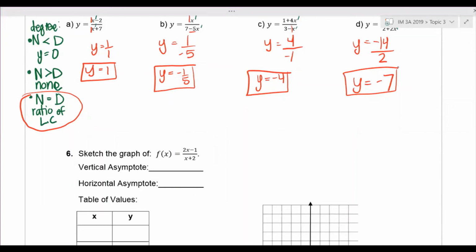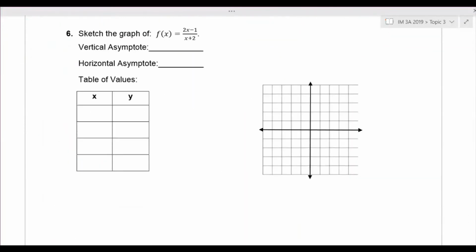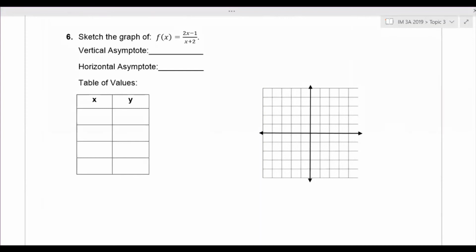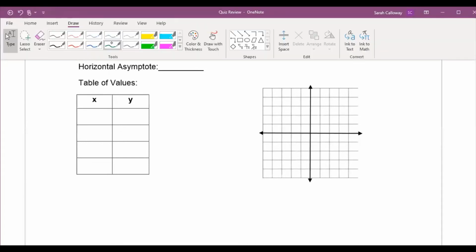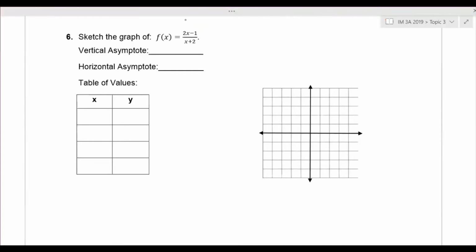Okay, so for the last problem, we're graphing. And so when we're graphing, we want to find the vertical asymptote and the horizontal asymptote. And so it looks like this doesn't have a hole. And then we're going to find the table of values. So the vertical asymptote is using the properties that we just looked at. And so notice that the degree of the numerator is 1, which is the same as the degree of the denominator.